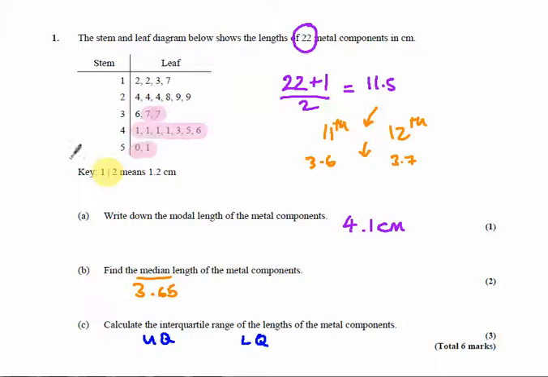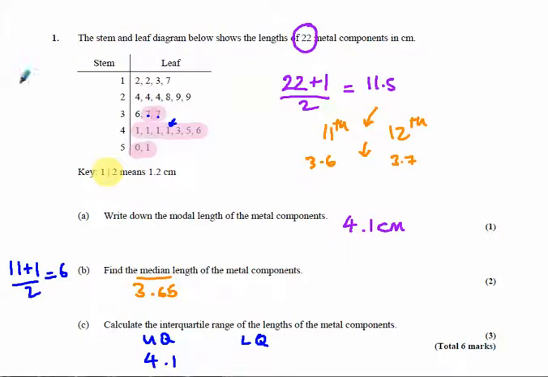The upper quartile is the halfway point. Because we've got 11 pieces of raw data, again we do 11, add 1, divided by 2, which is 12 over 2, which is 6. We're looking for the 6th number along, and that'll be the middle of this pink bit here. So 1, 2, 3, 4, 5, 6. That's your upper quartile, 4.1.